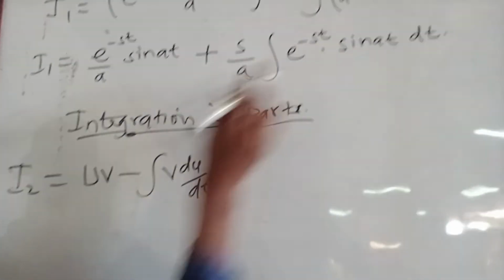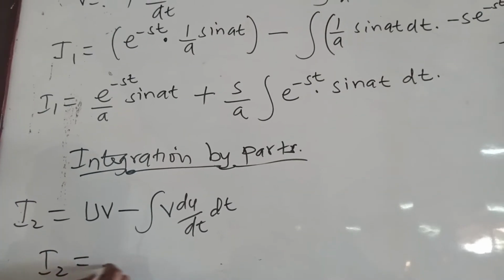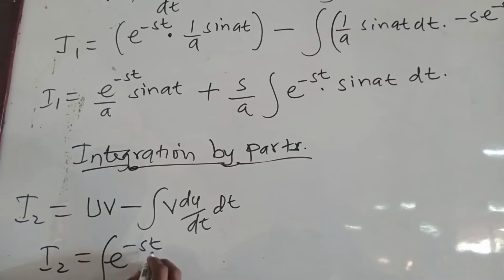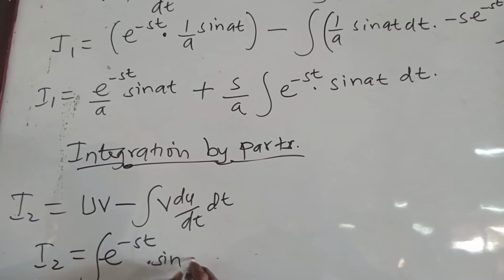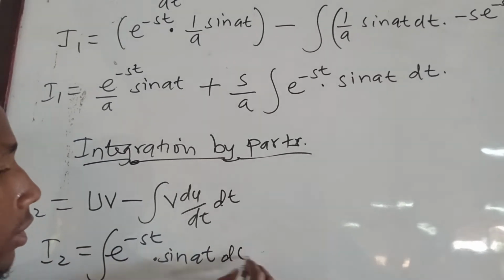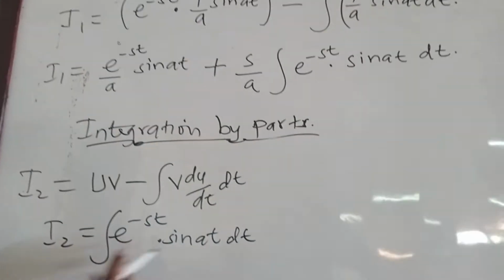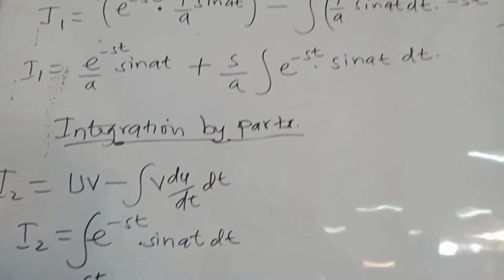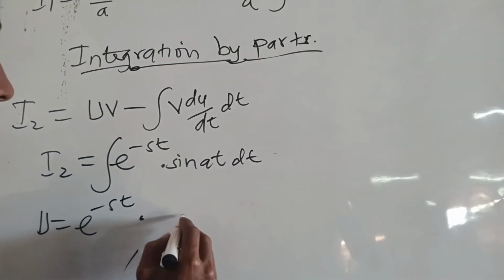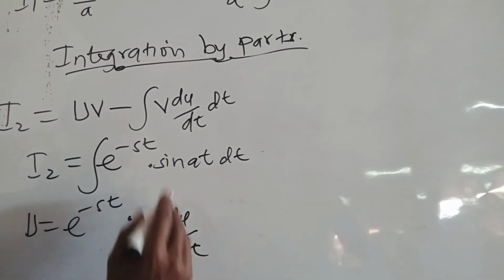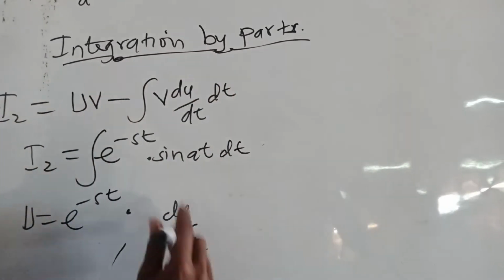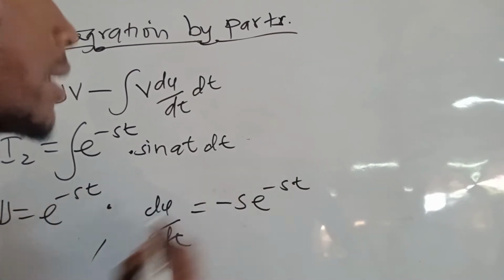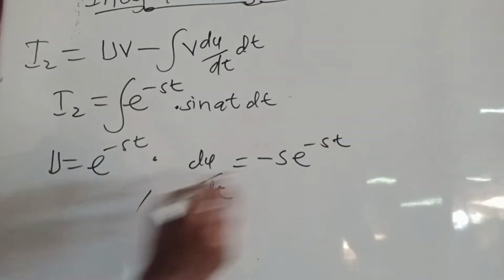So our I2 is equal to the integral of e to the minus st, e raised to minus st, sine at dt. So now we come and integrate this. Our u here is equal to e to the minus st. As we said previously, we have to find du over dt because it is part of this expression. So it is equal to negative s e to the minus st.